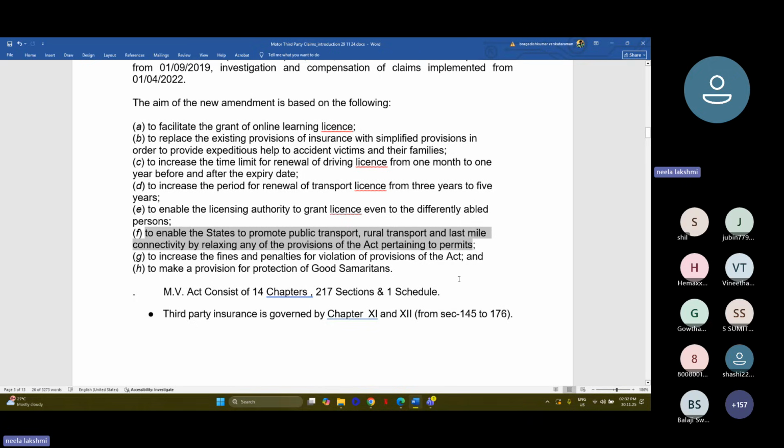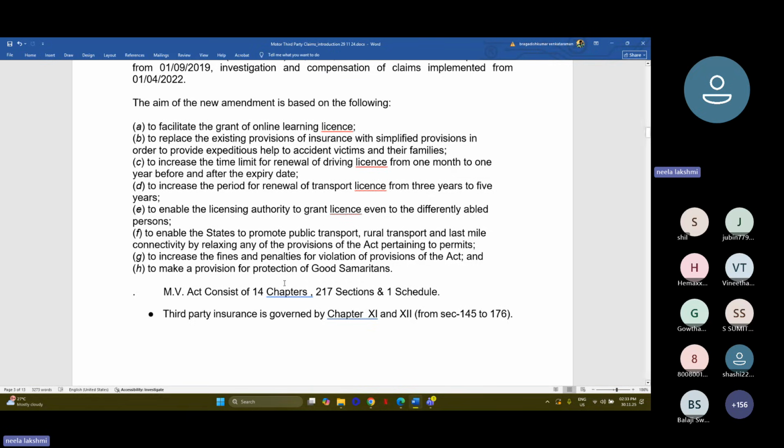Permit conditions are liberalized. Okay, next, to increase the fines and penalties. This was introduced from 1/4/2022, to make provision for protection of good Samaritans. The term good Samaritans is introduced in this amended Act, which we will study in detail later.